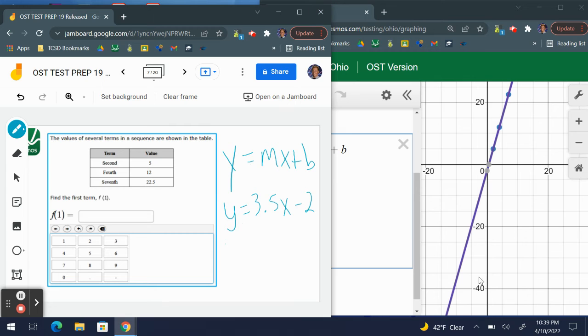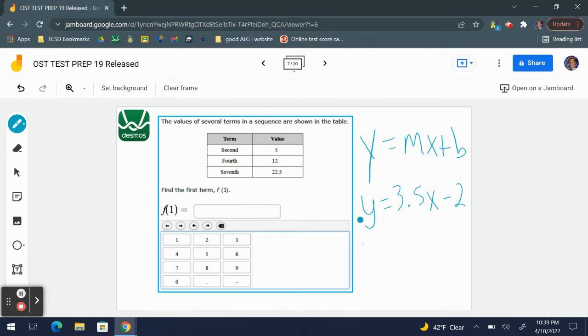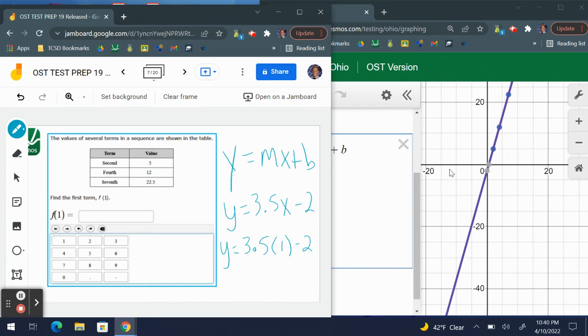And for this problem, now that I'm done with Desmos, I can now calculate what the input of 1 would be. So it's Y equals 3.5 times 1 minus 2. And that is going to get me my output. So, hey, why do the math on paper if we can just do it in Desmos? So ready?